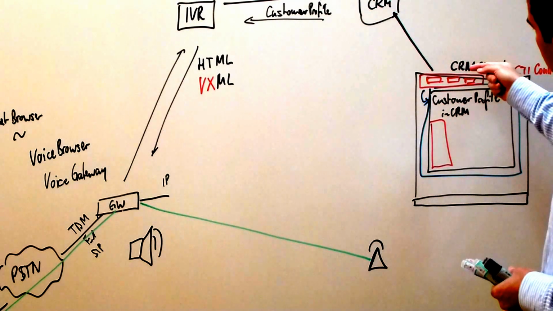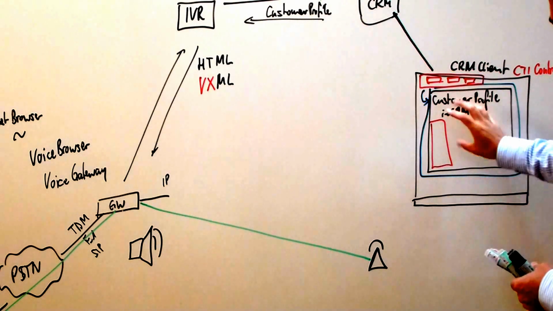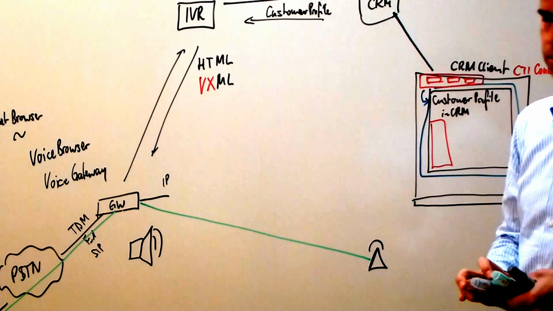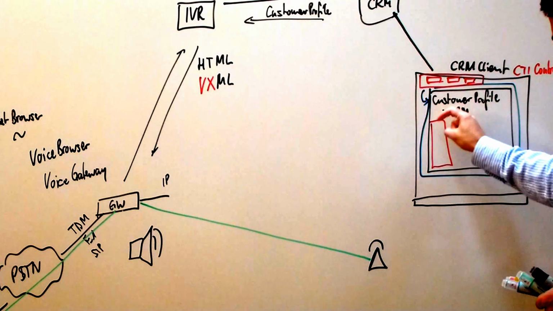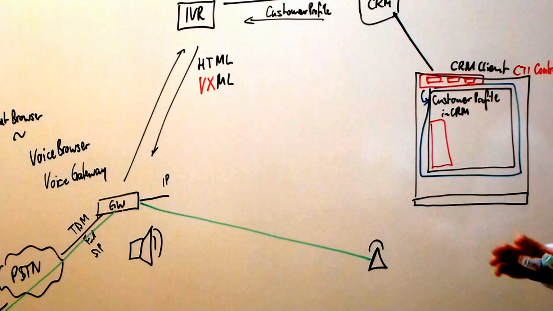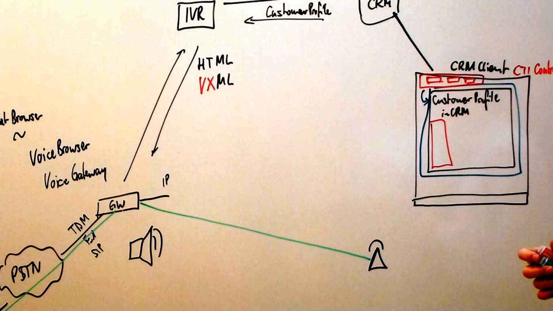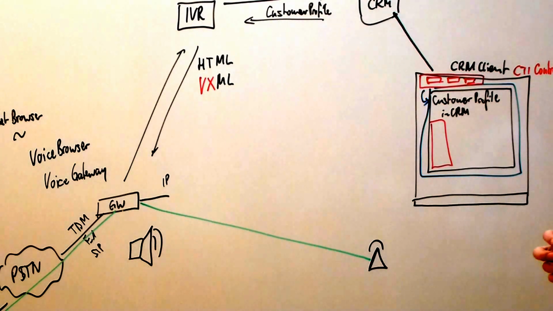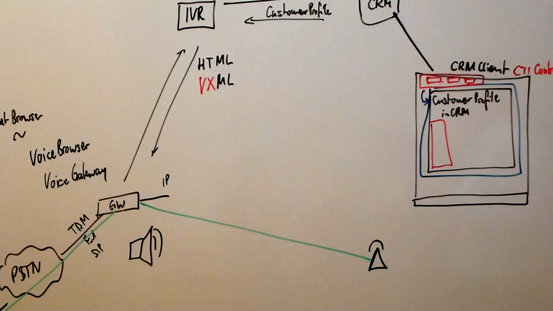Whereas if you have separate applications, you will first have to log into the CRM application and then into the CTI application. So in larger deployments, you would usually prefer an embedded toolbar, and in smaller deployments, or if you need something very cost-effective, you would have a separate CTI toolbar. So this basically showed you the most important concepts of a call flow.